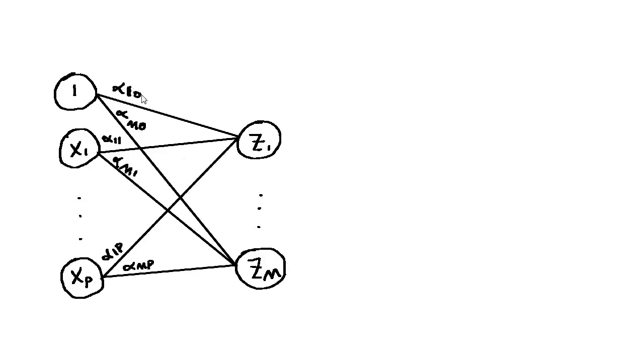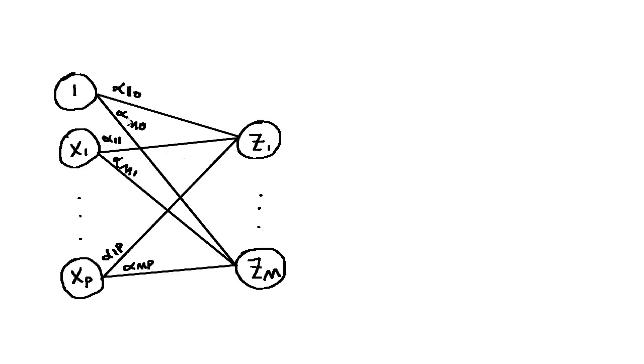Here, remember the alphas were the weights in the linear combinations that we formed to get the zi. So this line here, we'll put alpha 1 0, which means we're going from z1 to x0, which is 1.